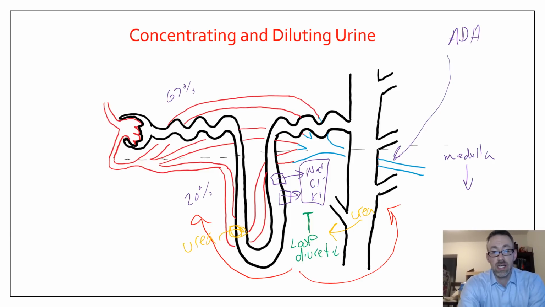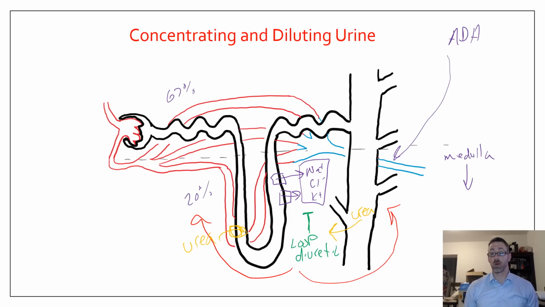Urea enters in through the descending loop, goes up the ascending, it's impermeable to the ascending, the distal convoluted tubule, and the cortical collecting duct, and it's only permeable in the medullary collecting duct in the presence of ADH. What ends up happening is in the presence of ADH, that extra urea adds to the osmolality of the medulla.